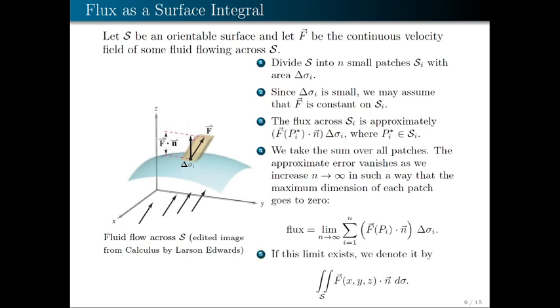We write it out as the surface integral of F dot n, so F dotted with n d sigma. Of course, the next question is, how will we evaluate such integrals? By the way, this is usually called the surface integral of F dot n, or sometimes also called the flux integral of F across S.